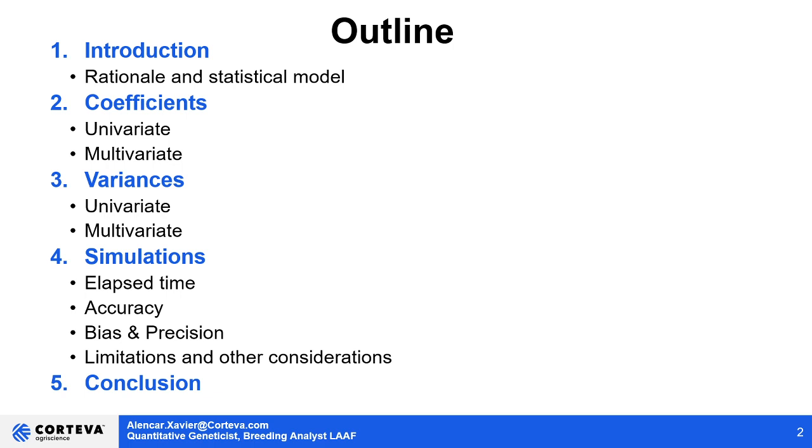Coefficients and variances are the two main things we try to estimate when we are trying to fit a multivariate model. Later, we are going to move into the simulations where we are going to present how our model compares to standard operations models, including REML, for instance.